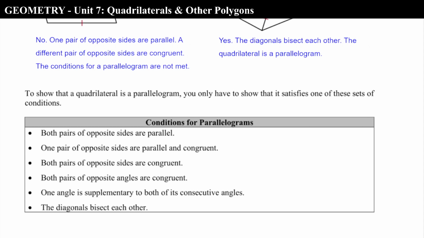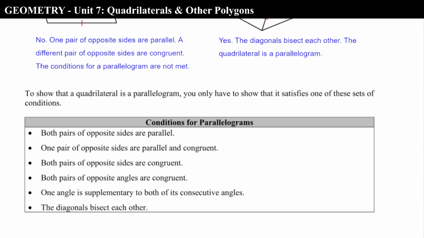If one pair of opposite sides are parallel and congruent, they both must be in place, then it's a parallelogram. Both pairs of opposite sides are congruent, you have a parallelogram. If both pairs of opposite angles are congruent, you have a parallelogram. If one angle is supplementary to both of its consecutive angles, in other words, neighboring angles, then it is a parallelogram. And if the diagonals bisect each other, you have a parallelogram.